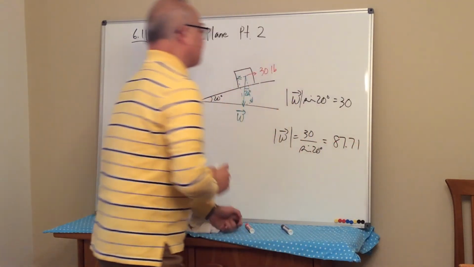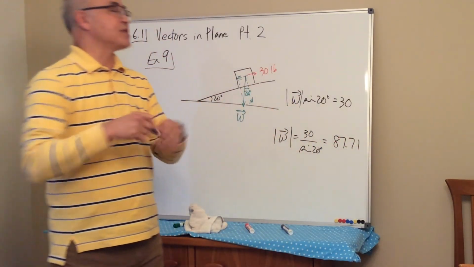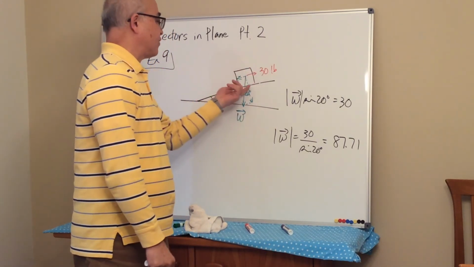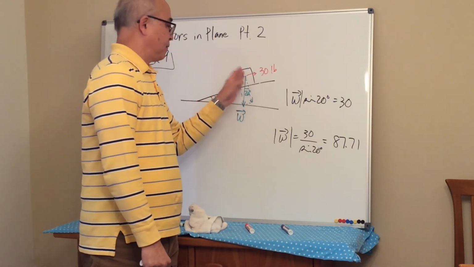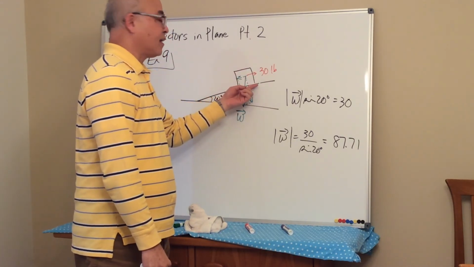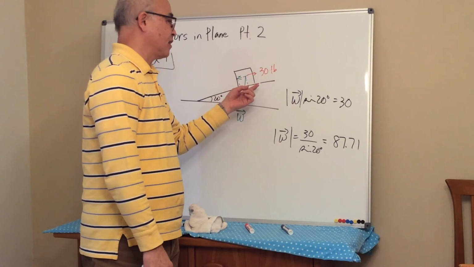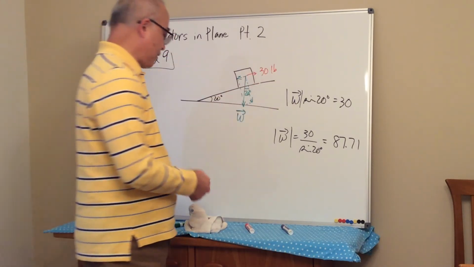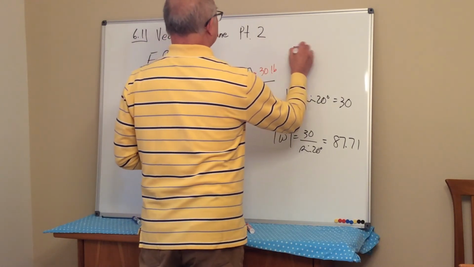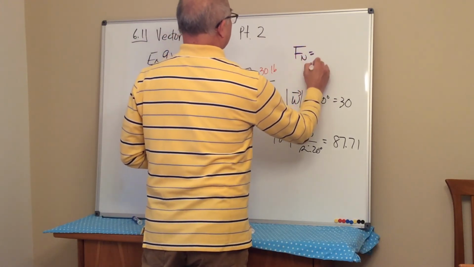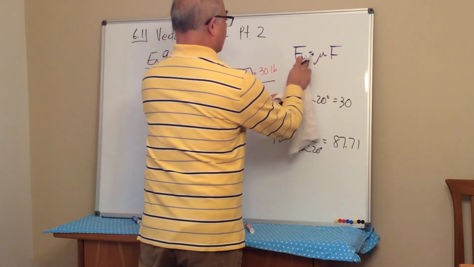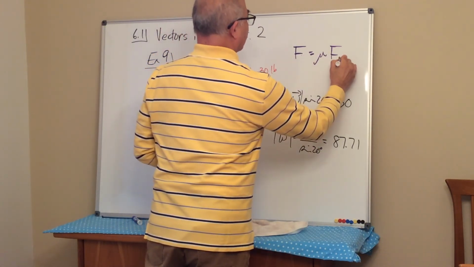87.71. Okay. In reality, what's holding this box from falling down is the friction force that is between the box and the incline itself. And those of you who've done physics know that the friction force looks like that.